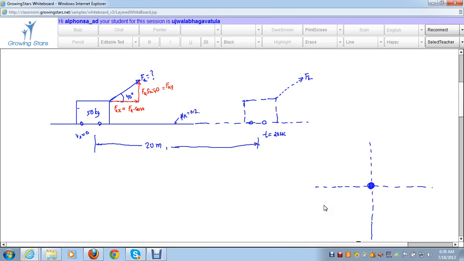If you want, you can just put it in dotted line. But actually when you show, you have to show the components. Can you mark it in the diagram? FA cos 40. Actually, it should be only this much long, okay?